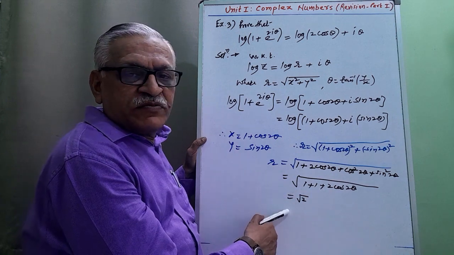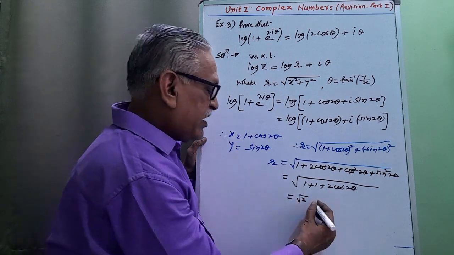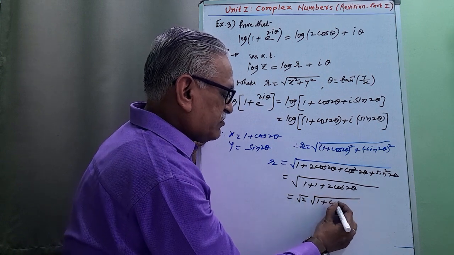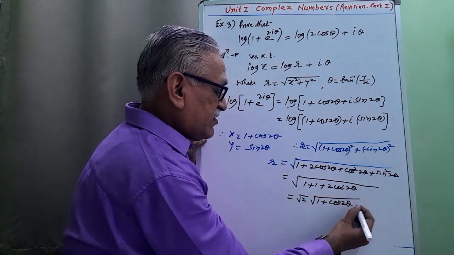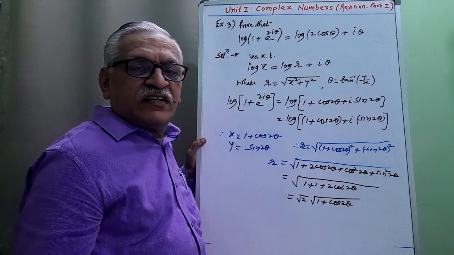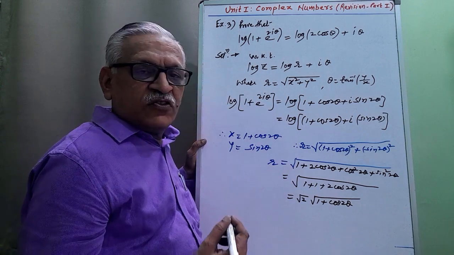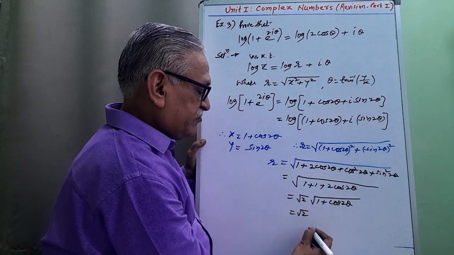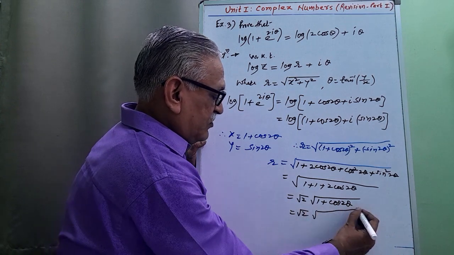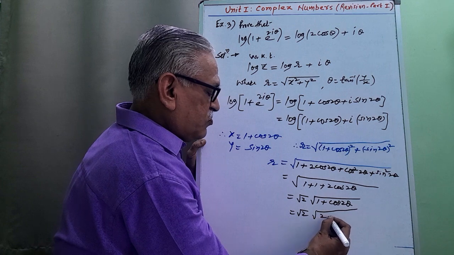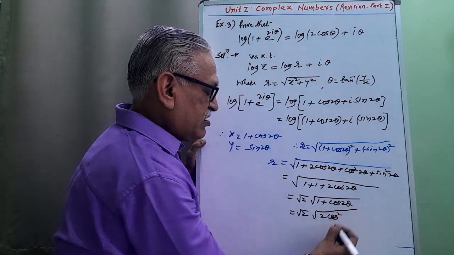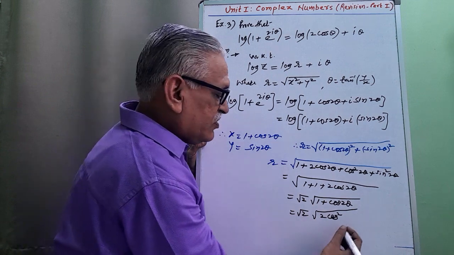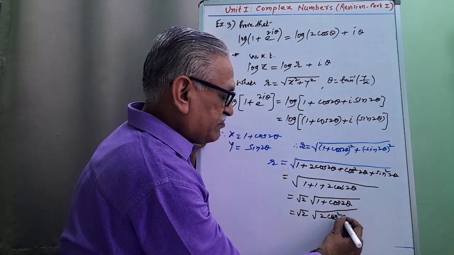Outside the square root it becomes square root of 2 and square root of 1 plus cos of 2θ. And we have standard result 1 plus cos θ is 2 cos square θ by 2, and therefore it is 2 cos square 2θ by 2 means it becomes 2θ by 2. 2 gets cancelled, we get cos of θ.